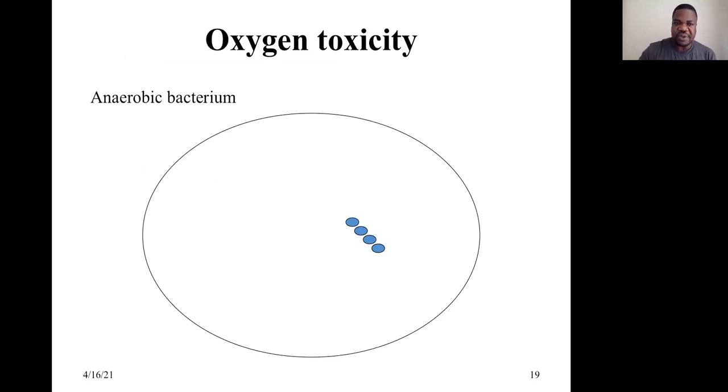Here you have a bacterial cell, especially an anaerobic bacterium, that is not able to survive in the presence of oxygen. And we will see when anaerobic bacteria can be able to survive in the presence of oxygen. Now, this is an anaerobic bacterial cell. We say that anaerobes use flavoprotein as a last electron acceptor in the process of generating ATP or energy.